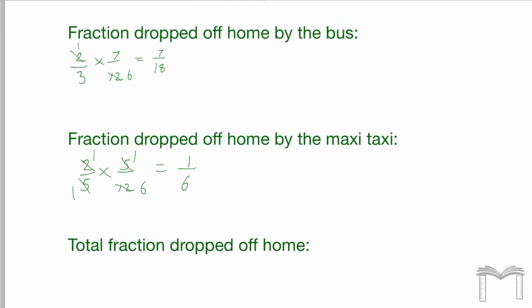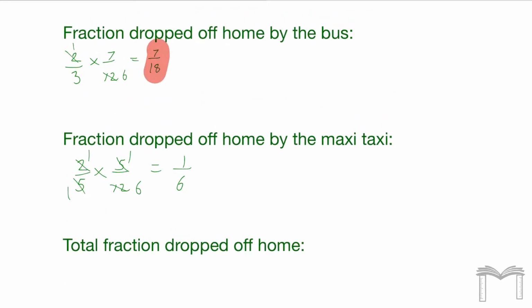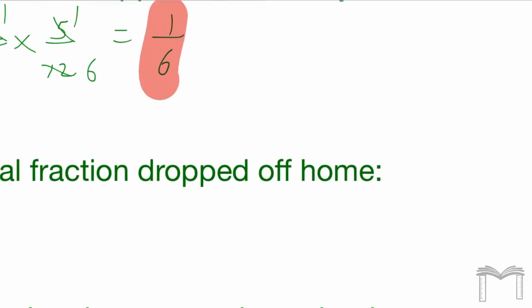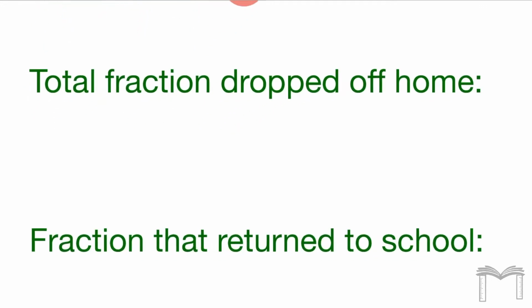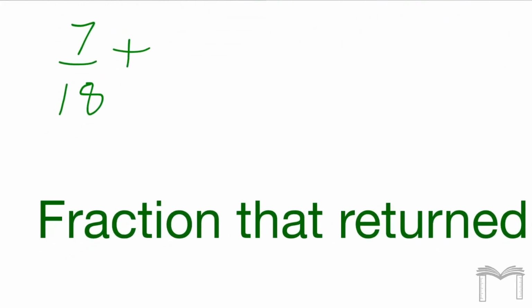So that's a total of 7/18 plus 1/6 of the persons being dropped off home. So we add this, 7/18 plus 1/6. 1/6 can be written as an equivalent fraction. If we multiply by 3 on top and 3 below, we get 1 times 3 is 3 and 6 times 3 is 18.